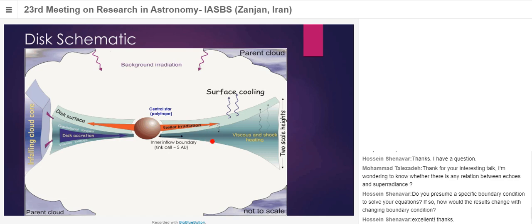The disk is also heated by internal PdV compression, shocks, and viscous heating if present. It also cools by radiating from its surface, but is also heated by background irradiation, in addition to the stellar irradiation from the center. So these are some of the key features of the modeling.